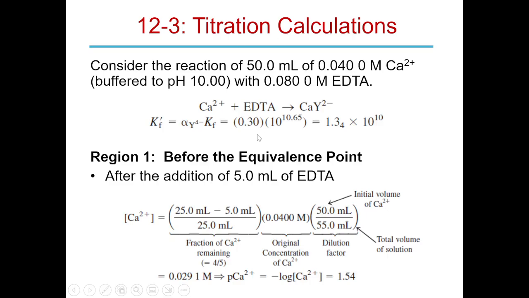So you plug in your activity for your Y4 minus, which is the binding form of EDTA, times your KF for that metal, which is calcium in this case. So it's 10 to the 10.65. Again, we get that same value we actually already did in the previous example problem. This is calcium again.